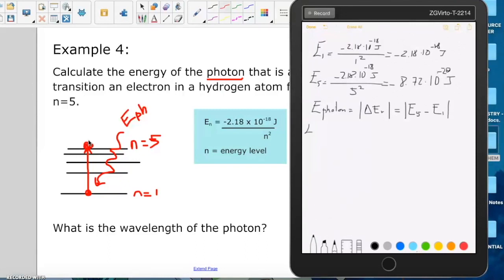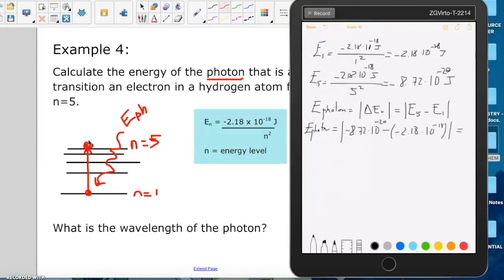So the energy of the photon is, in absolute value, minus 8.72 times 10 to the minus 20, minus, open parenthesis, minus 2.18 times 10 to the minus 18, close parenthesis.